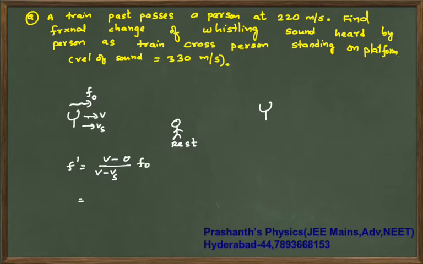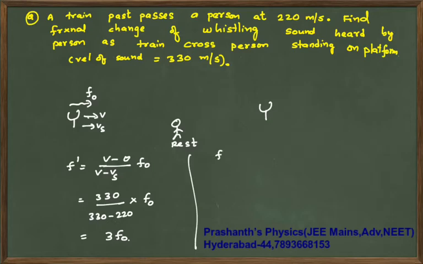So it is 330 by 330 minus 220 into f naught. Fractional change is asked. We don't know the f naught, but fine. So 33 by 11 means it is 3 times f naught.